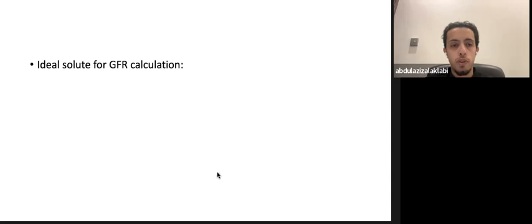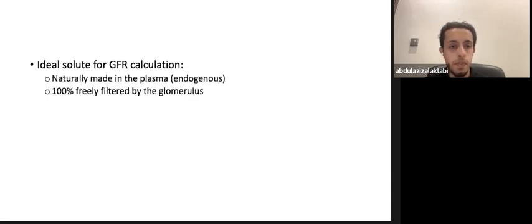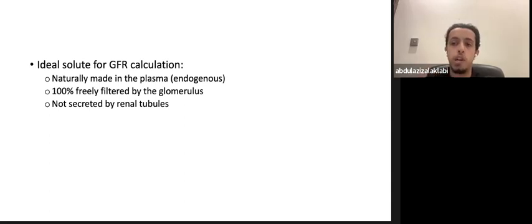So the ideal solute for GFR is one that is freely filtered and neither secreted nor reabsorbed. So as we said, creatinine is slightly secreted. Therefore, it's not the most optimal, but it's the most frequently used because of its easy access in a patient setting. So again, the ideal solute would be made endogenously, so you don't have to insert something in the patient to find out the GFR.